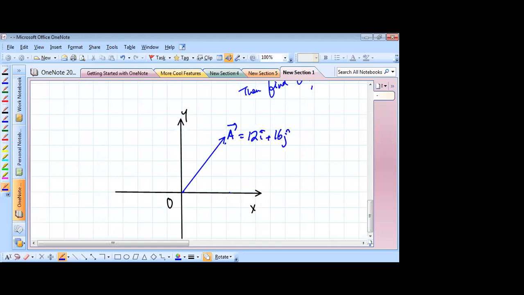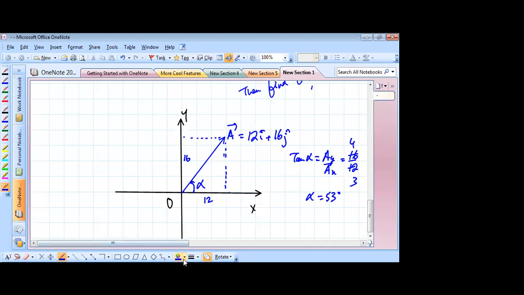So when we drop this perpendicular here, this is 12 and this is 16. This angle that A is making with respect to the x-axis, let's call this alpha. So tan alpha is A's y component divided by A's x component. That is 16 by 12, so that's 4 by 3. So alpha is equal to 53 degrees.